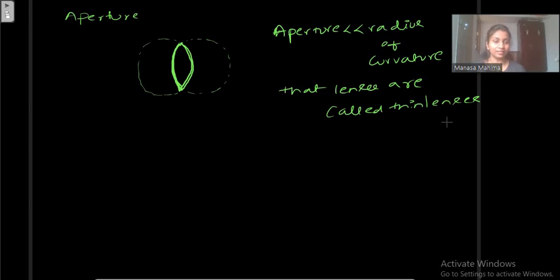That kind of lenses are called thin lenses. This is about convex. If you want concave, you can write that also. This part is called the aperture, and this is also called the aperture.